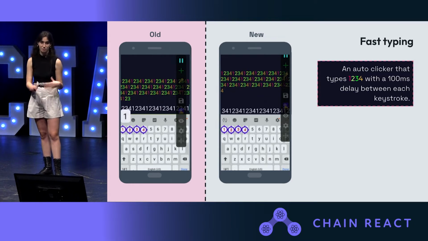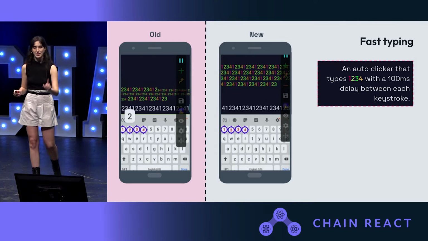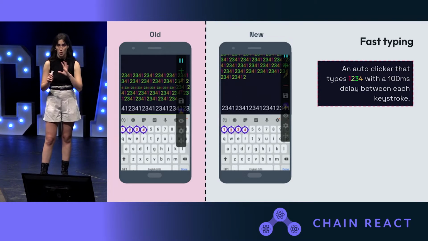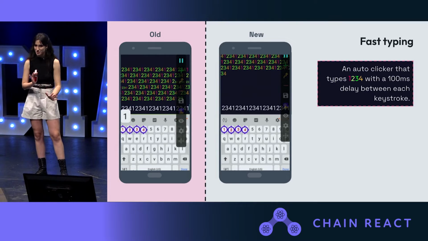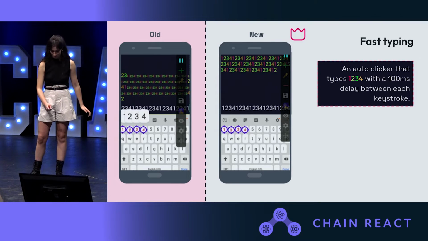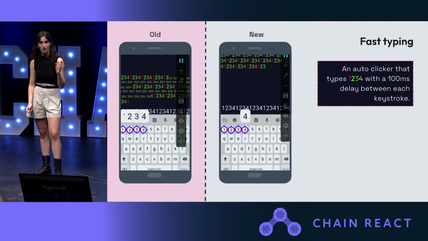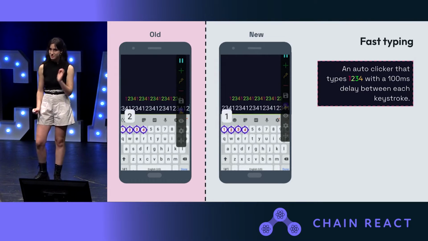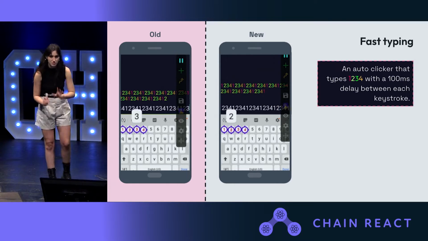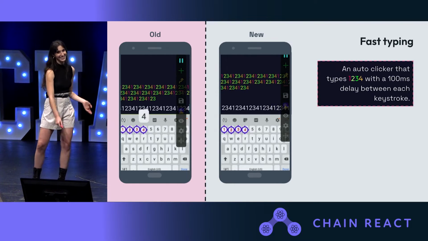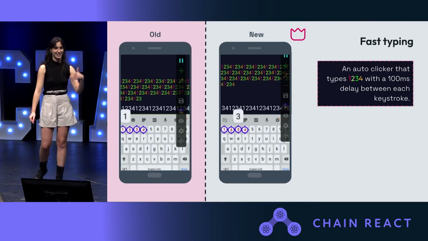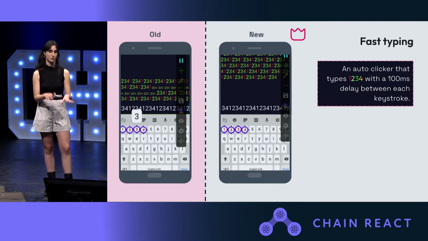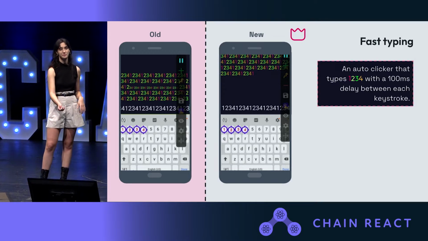And then when there are a lot of numbers, the old architecture starts struggling a lot and dropping frames. Well, the new one holds up a lot better. It still has some catch-ups and stuff, but I think, surprise, surprise, we can give the crown to the new architecture for this particular experiment.